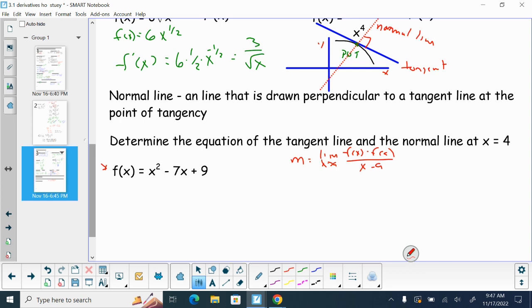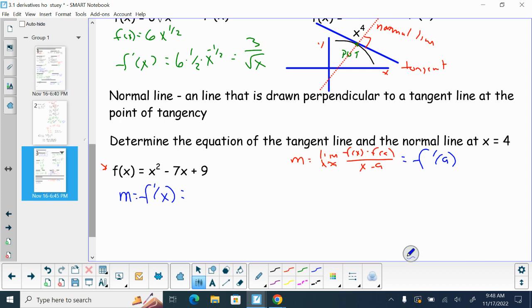But as we talked about yesterday, this is also the value of your derivative at a. So to find our slope, we can first take a look at our derivative, which is a little bit easier to deal with.